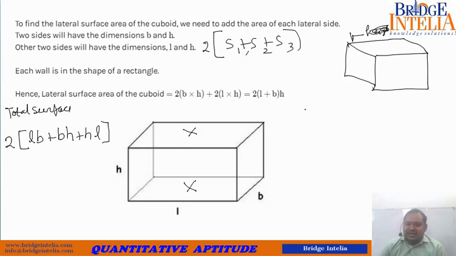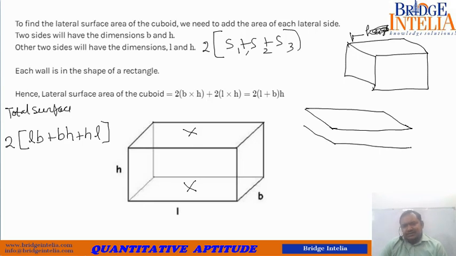Now let us understand what the dimensions of the upper and bottom surface are. Basically they are the same in dimension. So let's find out for one case. This is H, this is B. If this is B, this is also B. If this is L, this is also L. So the dimension is basically length into breadth.